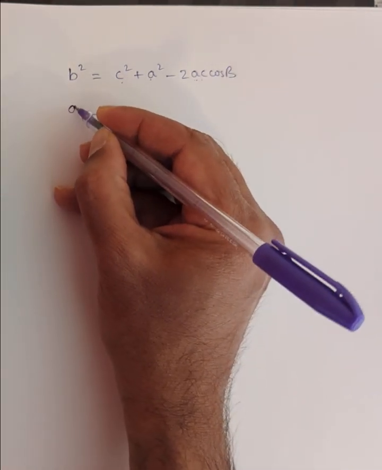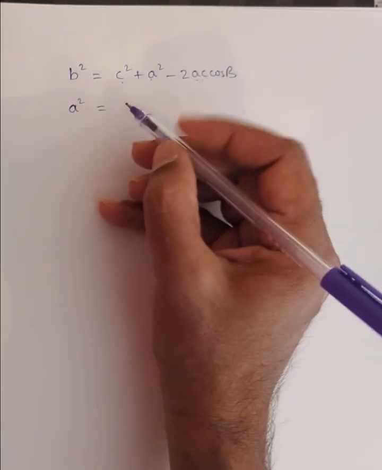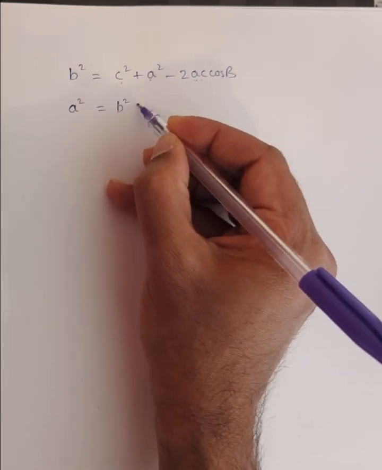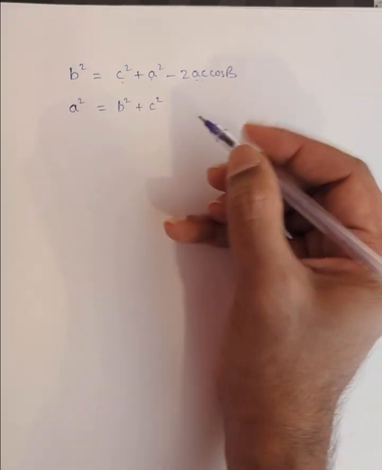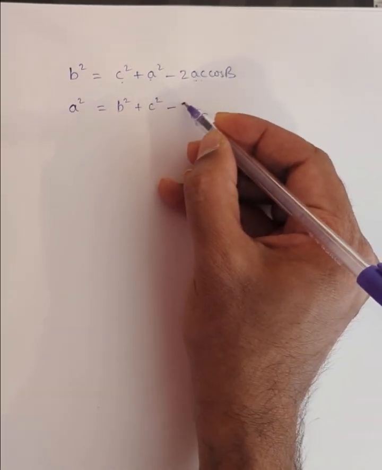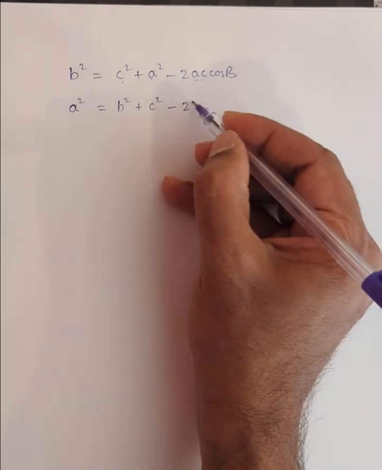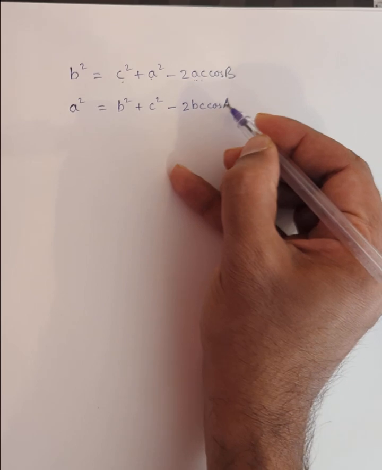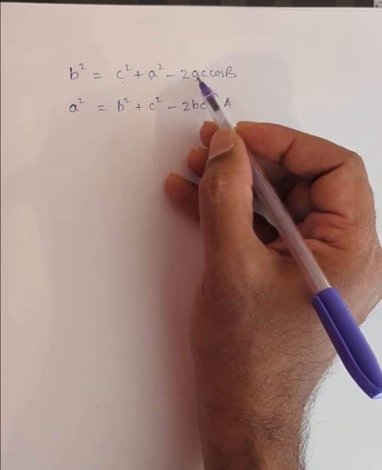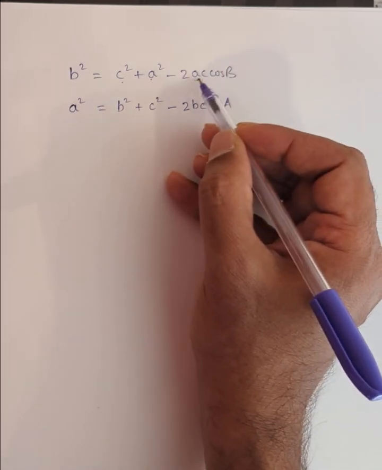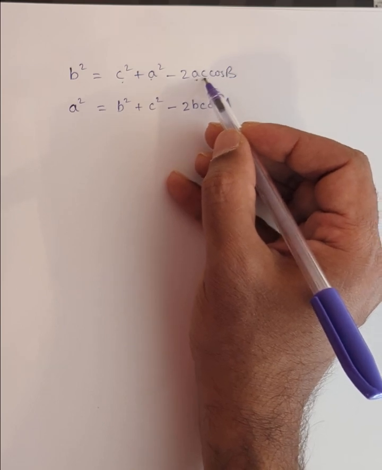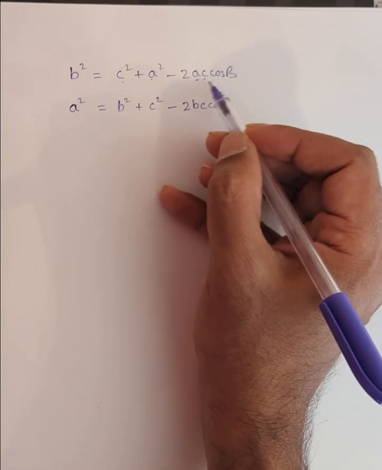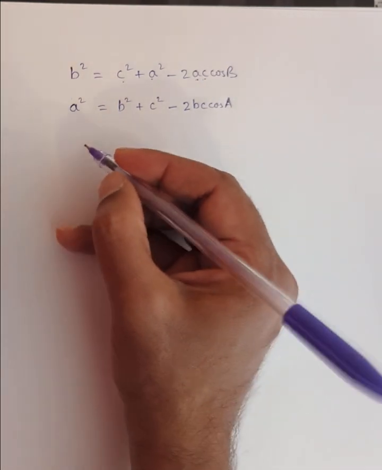So let's write down a square then. What is a square going to be? Well, a square would be b square plus c square, the sum of the squares of the other two sides, minus 2 times the product of b and c, and then it would be cosine of angle A. You can see here, this factor has lowercase a, lowercase c, and uppercase B. So you have all those three letters A, B, C, and that's what you would have here.